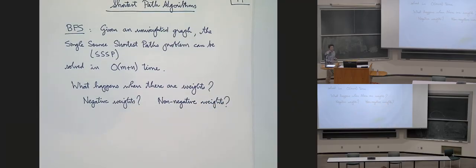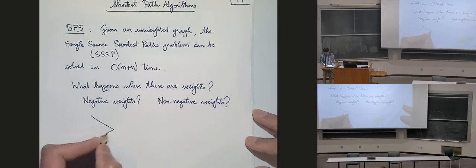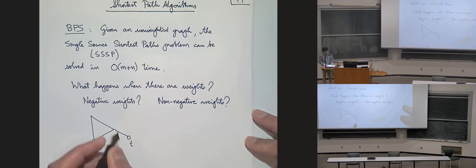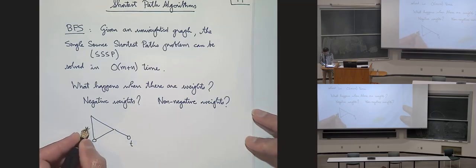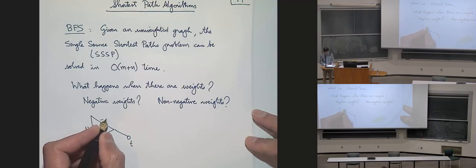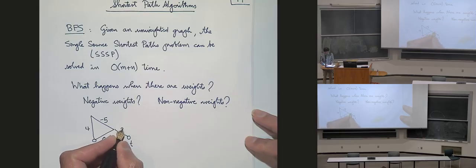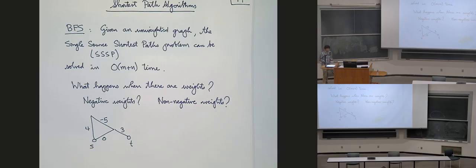So when you have negative weights, the problem becomes a little tricky because, for example, suppose I have this graph, so I have S going to T, maybe this weight is 4, this is minus 5, and this is 0, and the weight of this is 3. Okay, these are the weights.